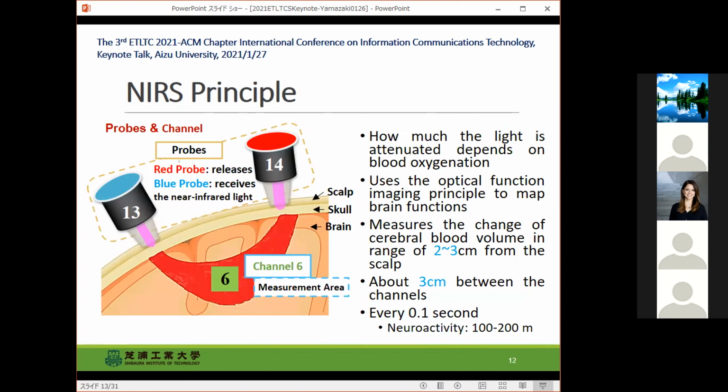This is the NIRS principle. Two probes are used to measure this channel. This red one releases near-infrared light, and this blue one detects how much of the light is attenuated in this region.